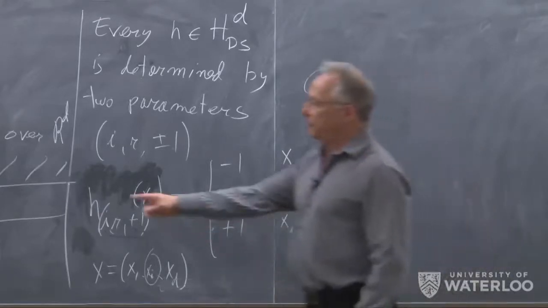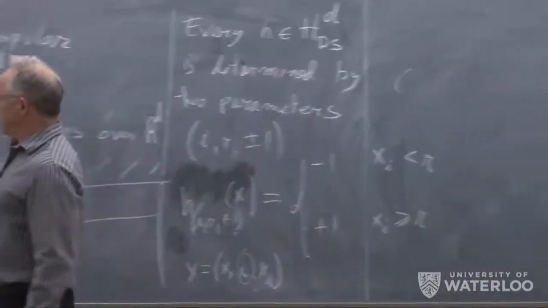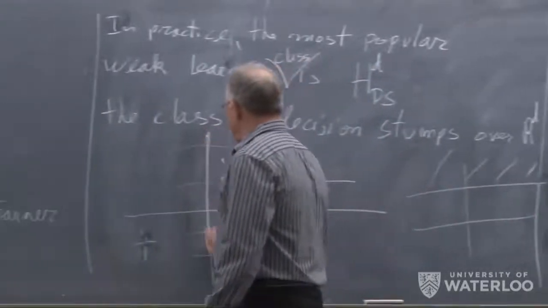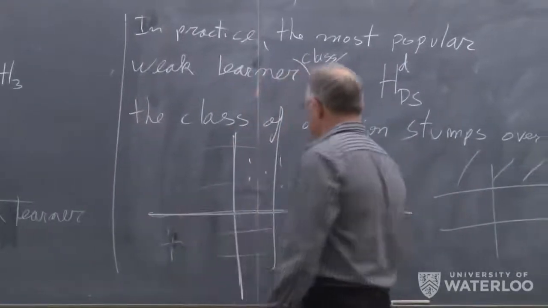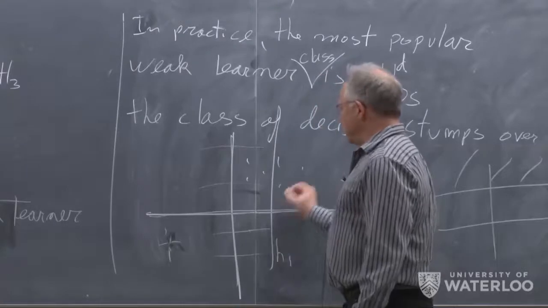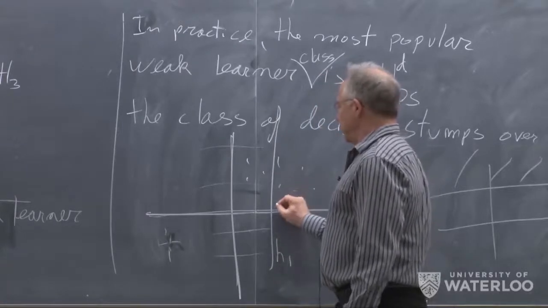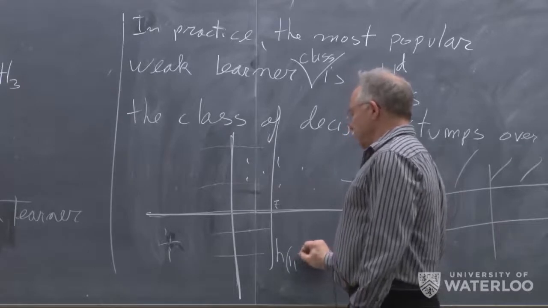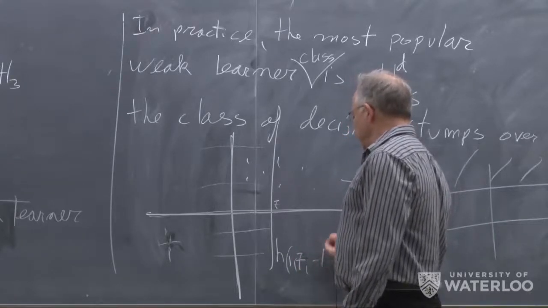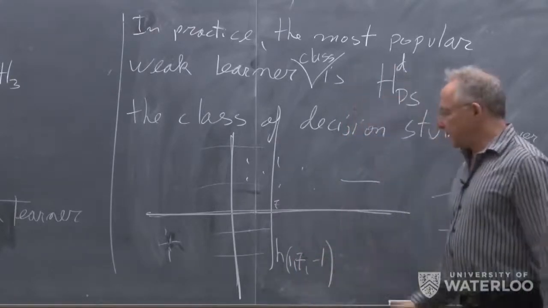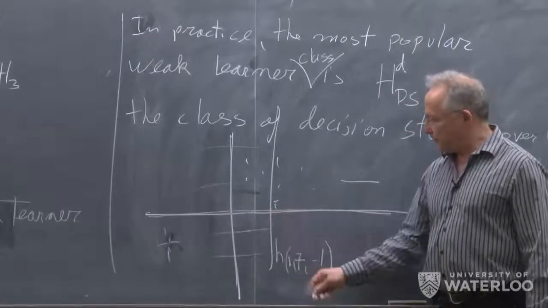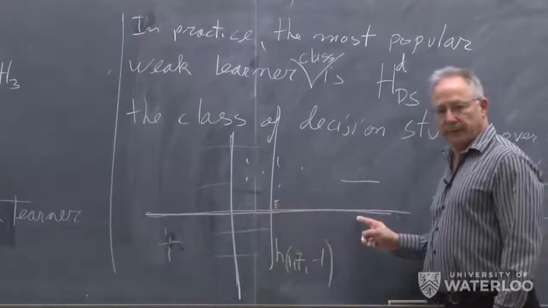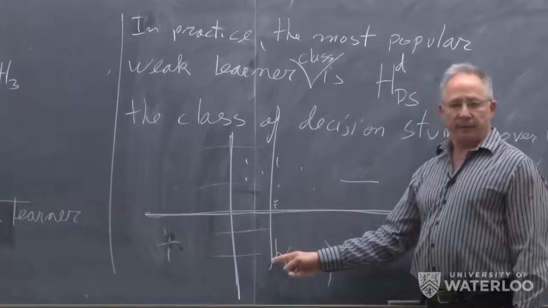So this is exactly what we saw here. You see, if this were my coordinates, this was h1, say this point is 7. So this was h1, 7, minus 1, because I projected on the first coordinate, my threshold was 7.